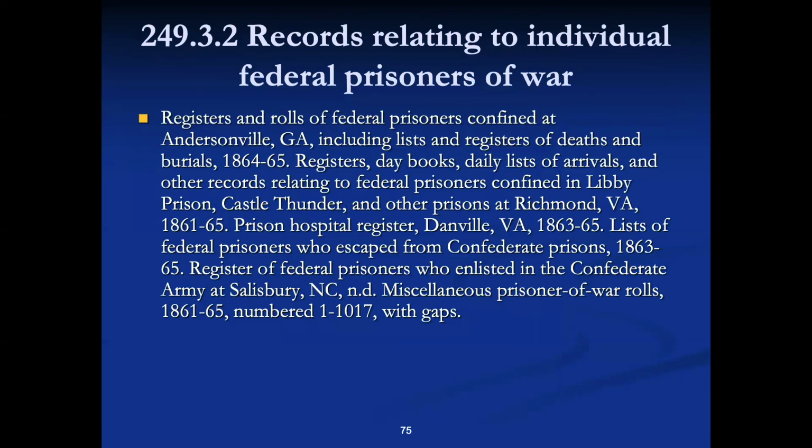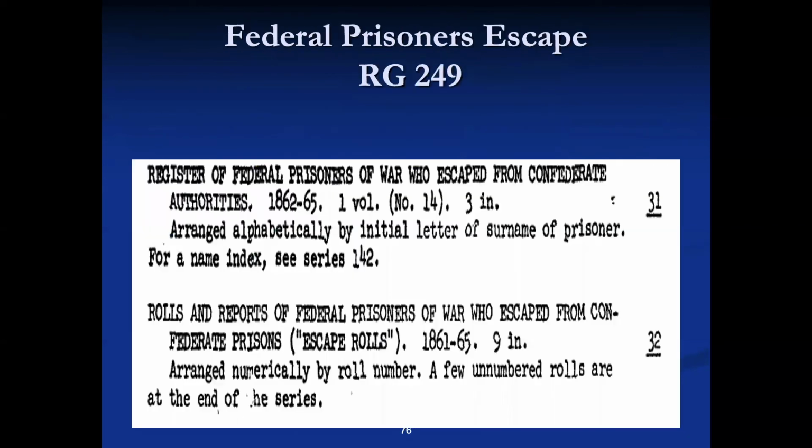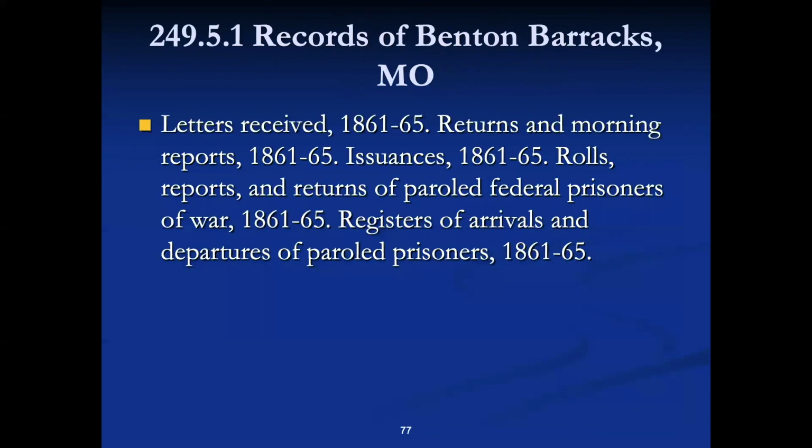There are records relating to individual federal prisoners of war for various prisons. Registers for those who escaped from Confederate authorities and those who escaped from Confederate prisons. Then there are the records of Benton Barracks. Remember, Benton Barracks is the parole camp in the West.